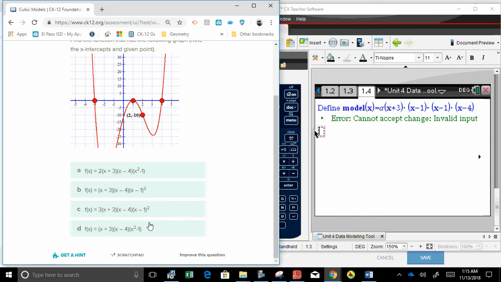So x plus 3, x plus 3, x minus 4. It's either B or C. Is it 3 or is it 1?